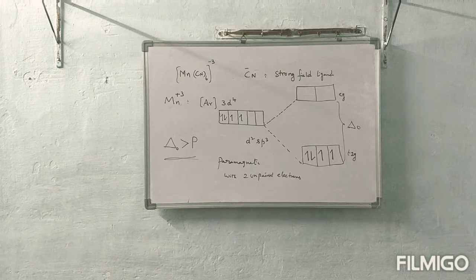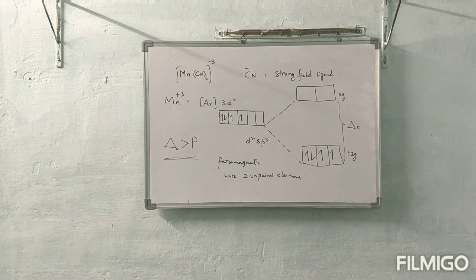First I took the example MnCN6 minus 3. In that, what is the oxidation number of manganese? Plus 3. Electronic configuration argon 3d4. Those 4 electrons I wrote as 1, 2, 3, and the 4th electron is entering the first orbital by violating Hund's rule. Why? This is the reason. In this complex, CN minus is a strong field ligand.